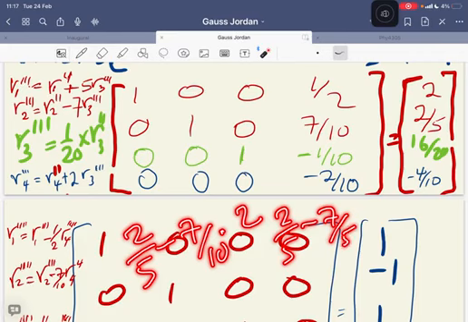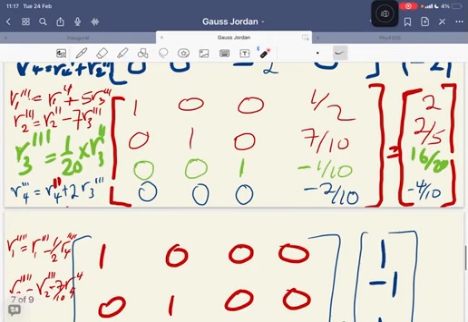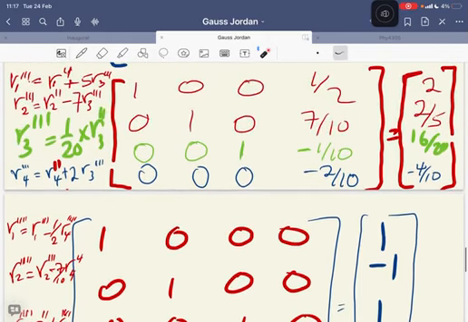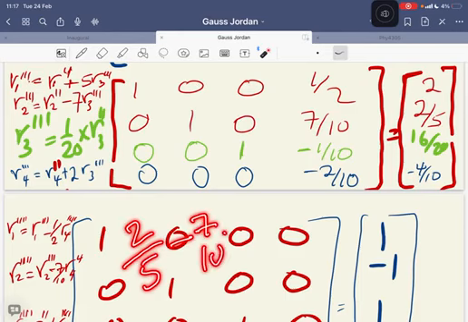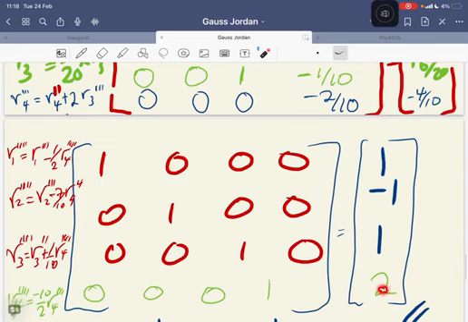Let's see, we have 2 over 5 minus 7 over 10 times, what do we have there? What we have here is 2, right?